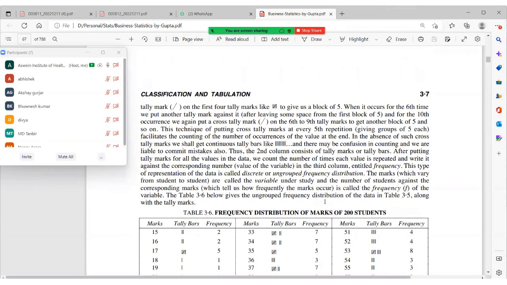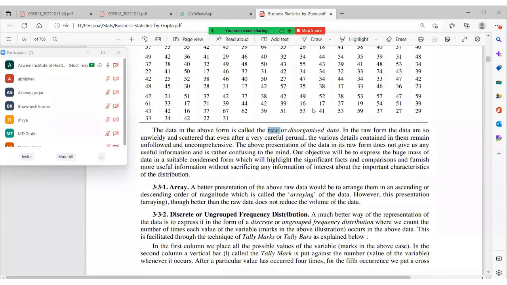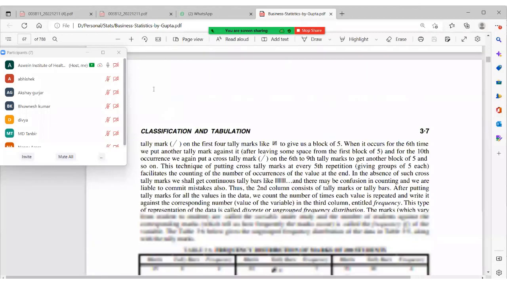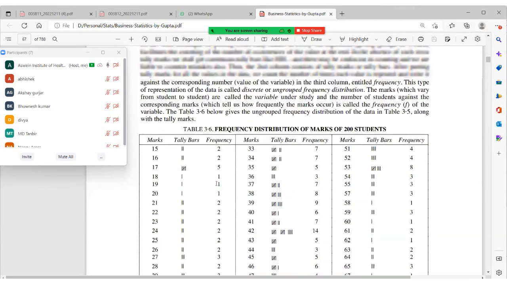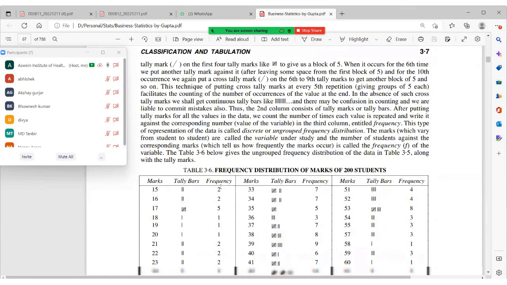Now, in this, we found that they got marks from 15 to 78. We write out the numbers 15, 16, and so on up to 78, right? This is the discrete series.